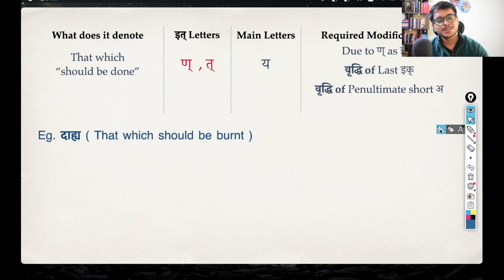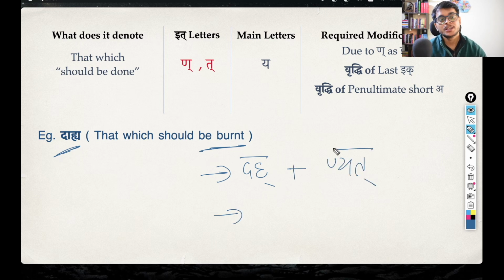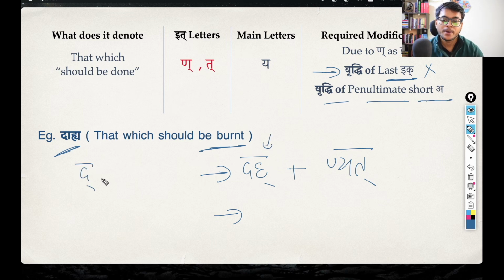Let us take one more example, dahya. Dahya means that which should be burnt. Okay, because this pratipadika is coming from the dhatu dah dhatu. Dah dhatu means to burn. And if we modify this dhatu using nyat pratyay, let us see if any modification is possible. So the first, vriddhi of last ik, is not possible because it does not have any last vowel. And then vriddhi of penultimate short a. That is possible because this dah dhatu does have a penultimate short vowel.